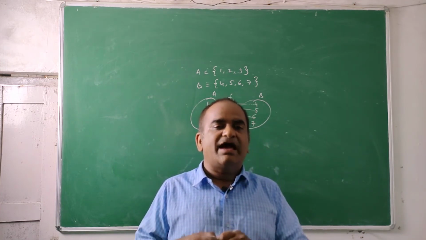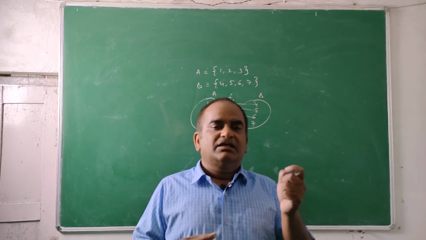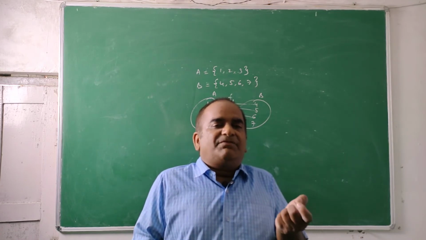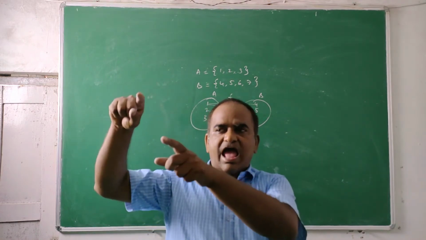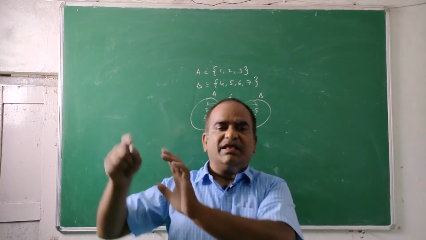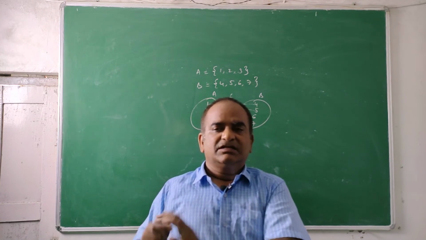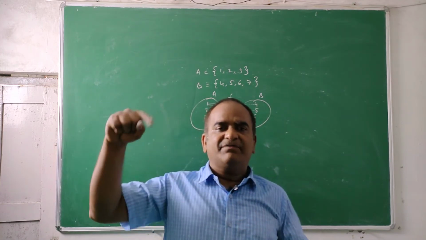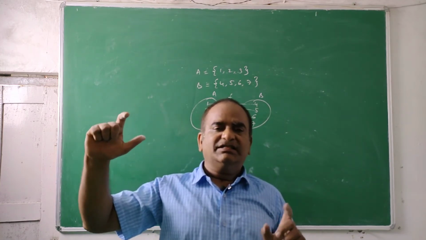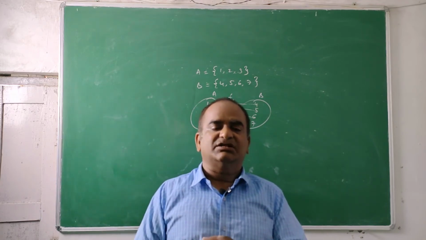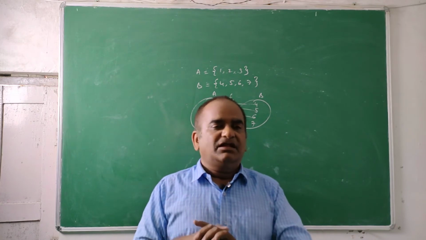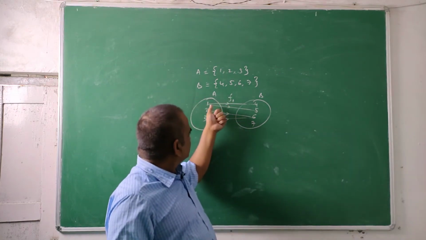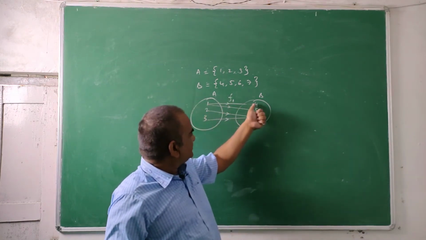A single element of A having two images. This is opposite to the second condition. This should not happen. Now here you see the single element of A having two images.